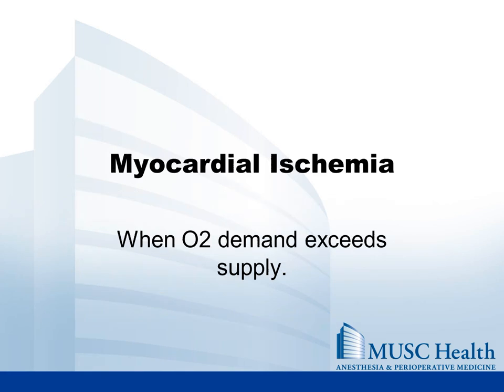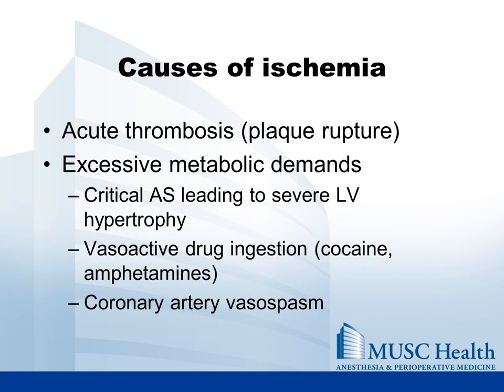Okay. Myocardial ischemia happens when O2 demand exceeds supply, right? Causes of ischemia in the heart. Acute thrombosis is probably the most common, when you have a plaque and it ruptures and then you get an acute restriction of blood flow in your coronary vessels. You can have excessive metabolic demands, which sometimes we see in the operating room when patients are under a lot of stress with surgery.